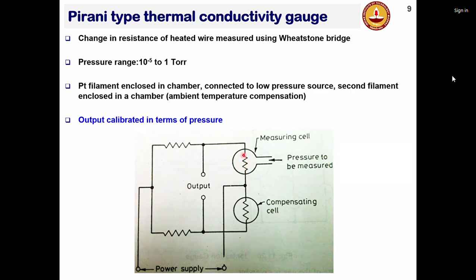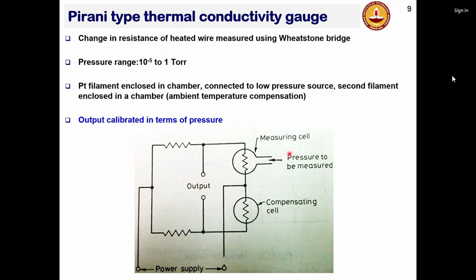The temperature or resistance of this wire depends on how much heat leaves the filament to the gas, which depends on the conductivity of the gas, which in turn depends on the pressure of the gas. Initially, when everything is at atmospheric pressure, your Wheatstone bridge is balanced and there is zero output.